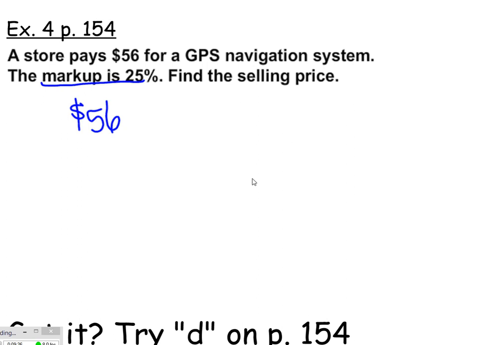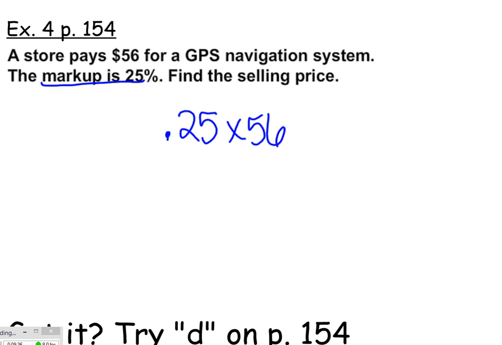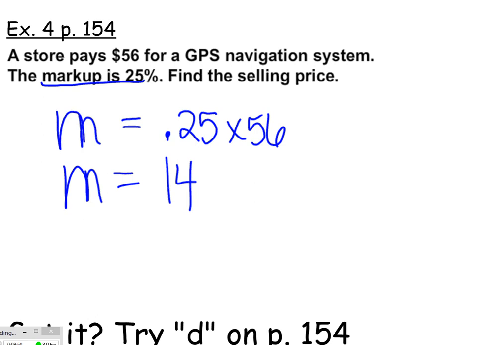So let's take 25% of the original price. That's going to equal the new price. I'll call it N. New price will be 0.25 times 56 is a markup of 14. Actually, the book calls it M, so let's change it to M for markup.